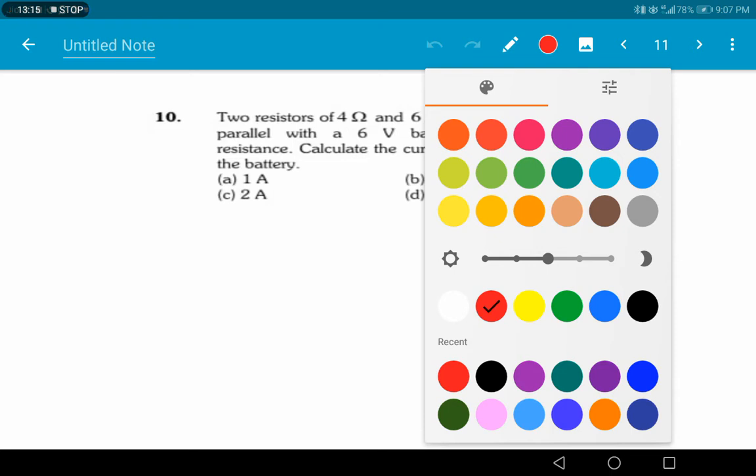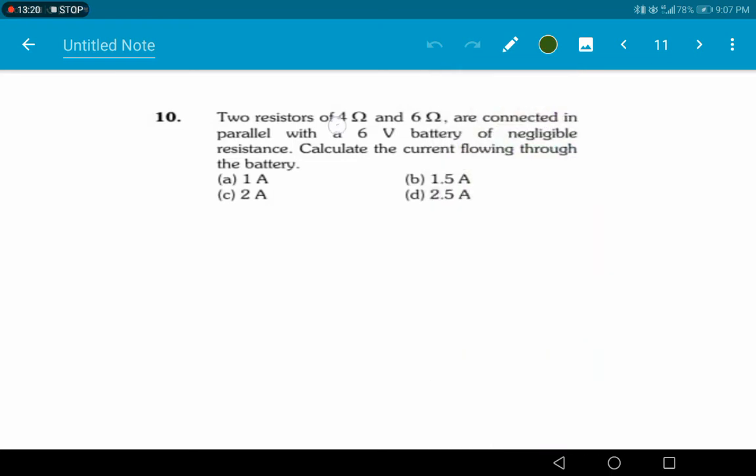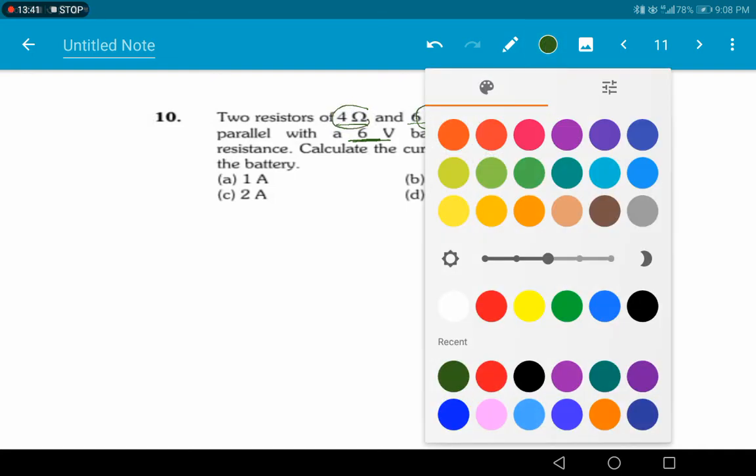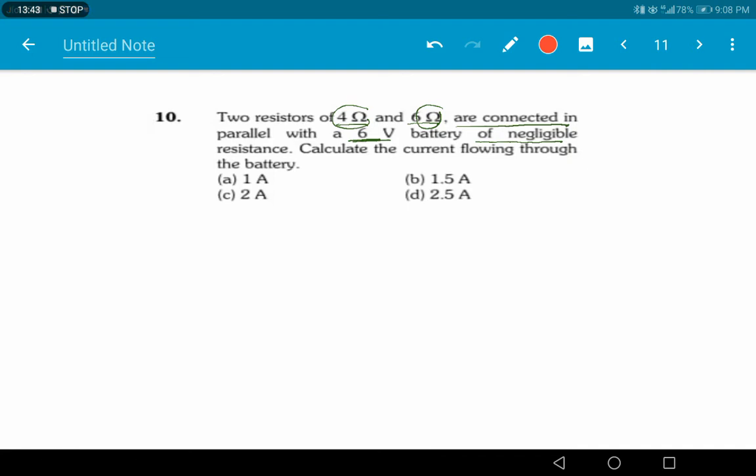So what is given in the question? Two resistors of 4 ohm and 6 ohm are connected in parallel with a 6 volt battery of negligible resistance. Calculate the current flowing through the battery. Let us draw the circuit according to the given scenario.